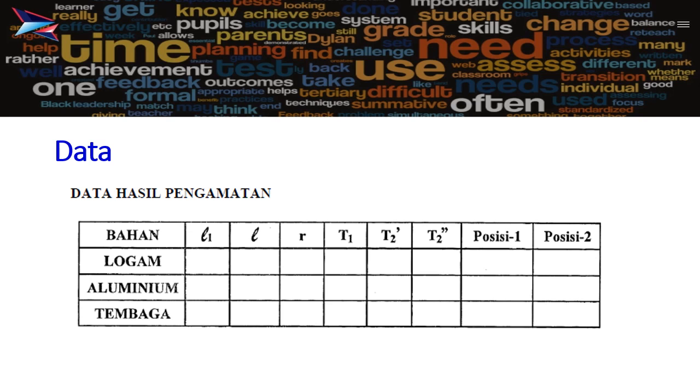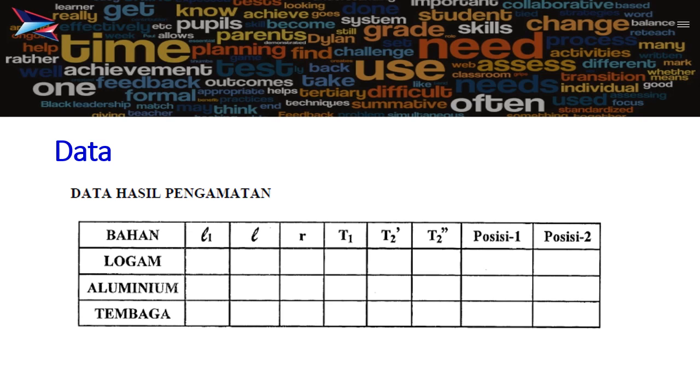The data you need to collect in this experiment is going to be filled into these tables. The first row here is for your iron or steel material, the second row is for the aluminum material, and the third one is for the copper. L1 and L are the initial and the final length you are going to measure, and R is the radius of your rotating axis.